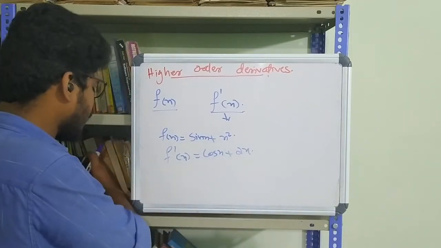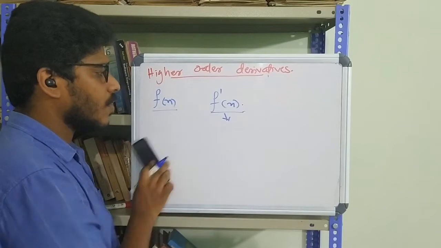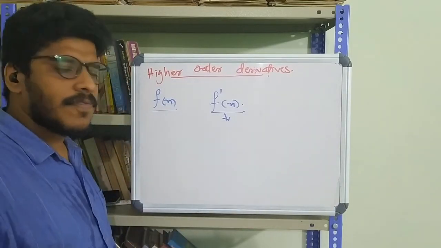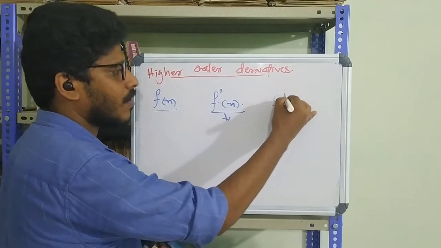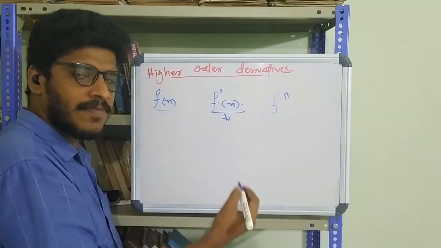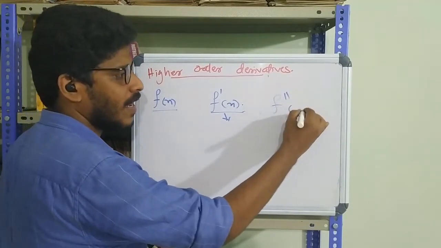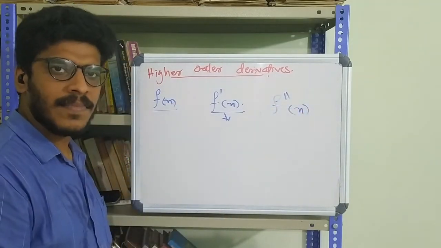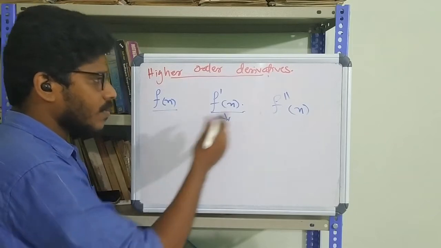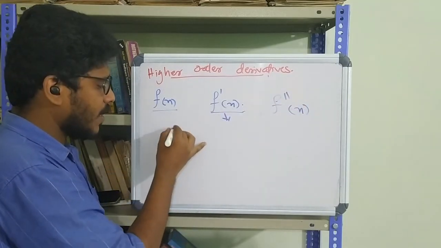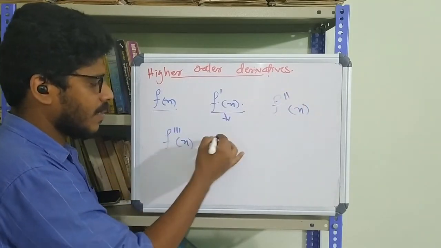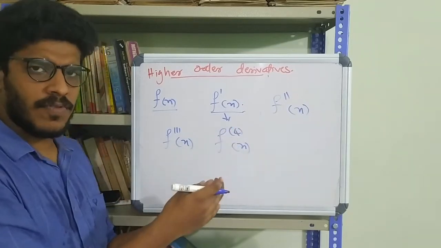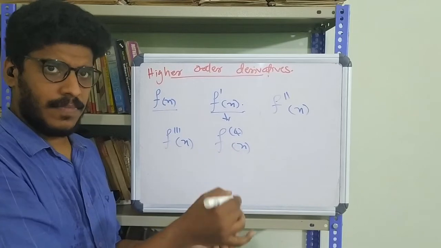So we can think about differentiating it again with respect to x, and the derivative of the first derivative of f may be called the second derivative of f, or the second order derivative of f, and denoted as f double dash of x. Or that can again be differentiated to obtain f triple dash of x, and again to obtain f4 of x. From fourth order onwards we use the number.